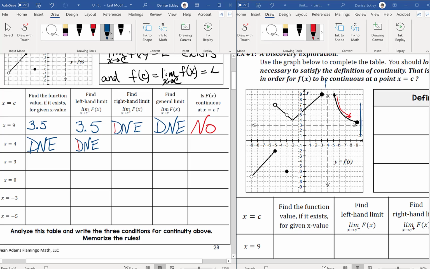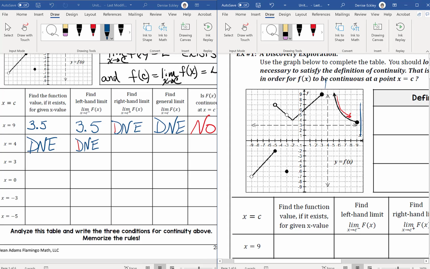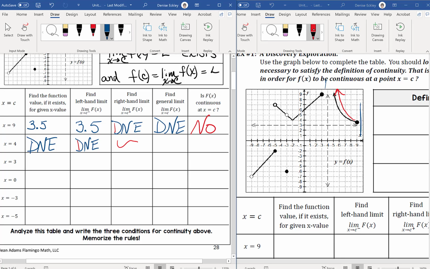The right-hand limit is going this way, and that is an infinite limit, and there is no general limit, so it is not continuous. We could have said that after noting that the value at 4 wasn't a real value or didn't exist at all, but I just wanted to go through that.